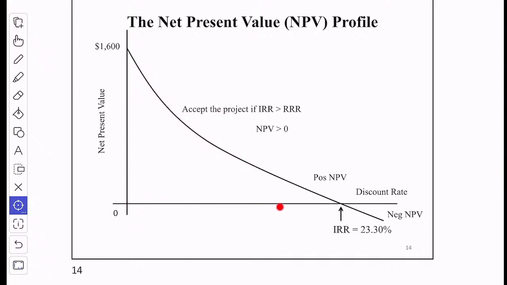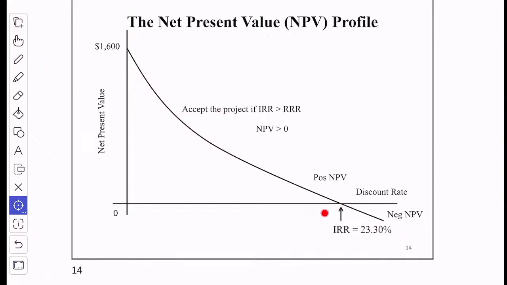So at this level of discount rate, what is NPV? It's a positive. At this level, what is NPV? It's a positive. NPV is always positive until here. Then what happens? For this discount rate, NPV is negative.